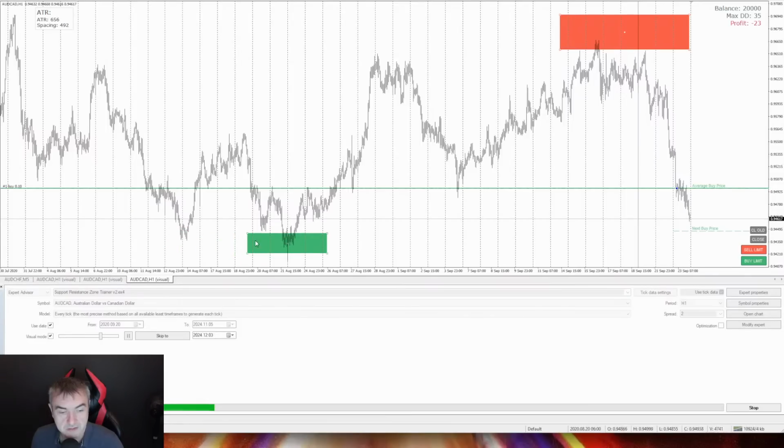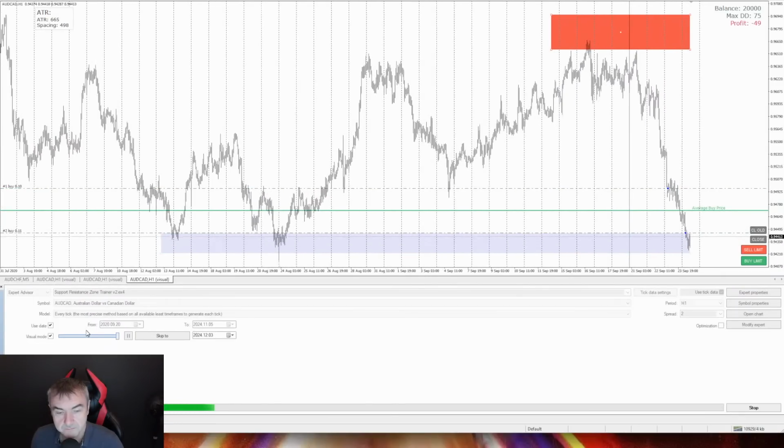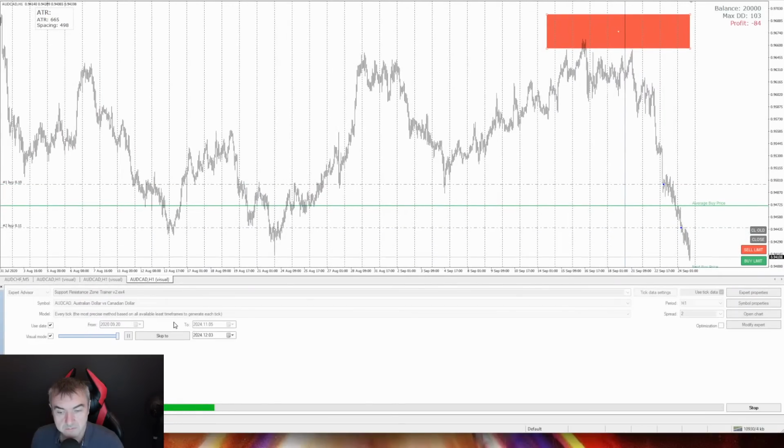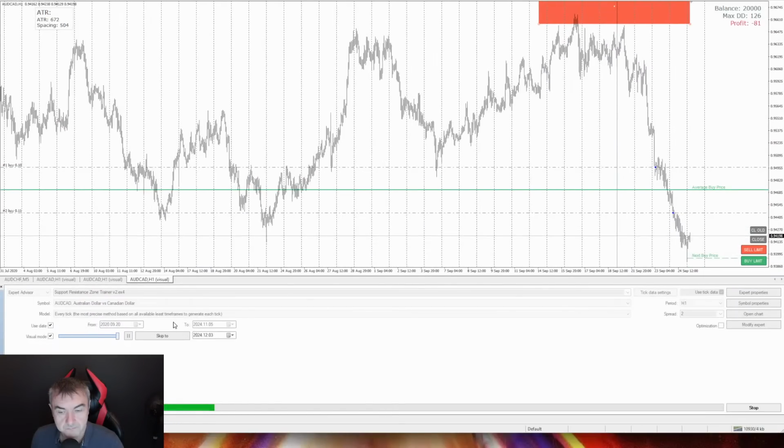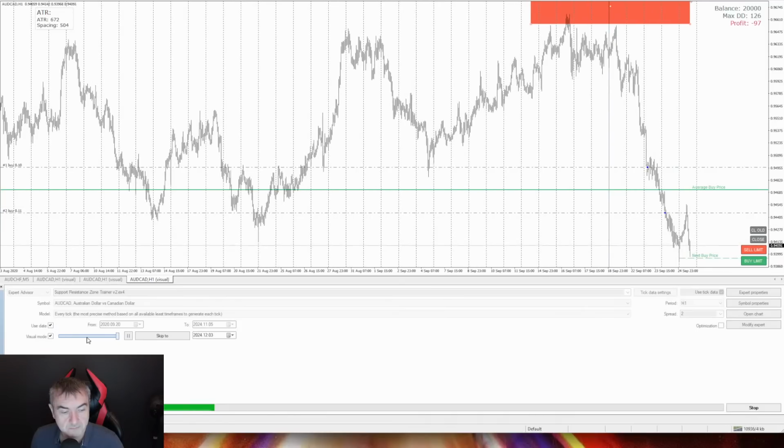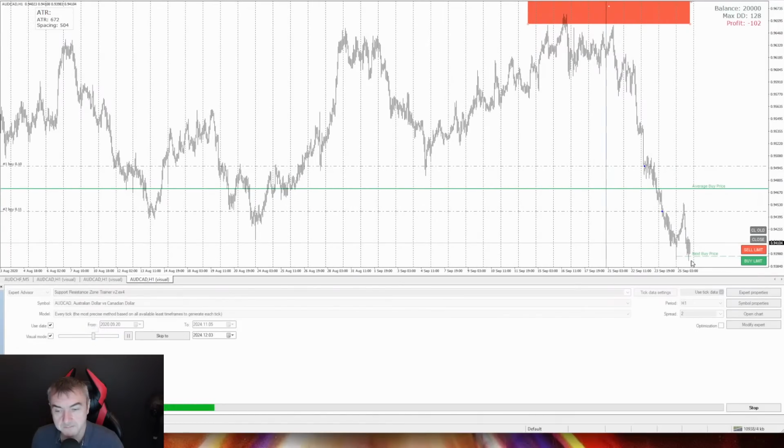So that area there, it's kind of where I'd be looking at. There's a little wick there, but I'm just going to draw it there. So it's blown through that area, but it had a little pop up, didn't quite get far enough.